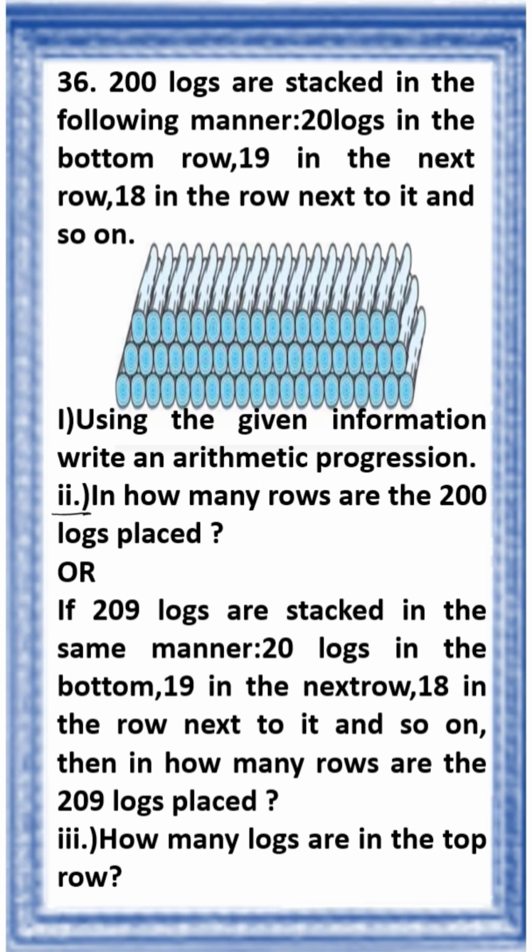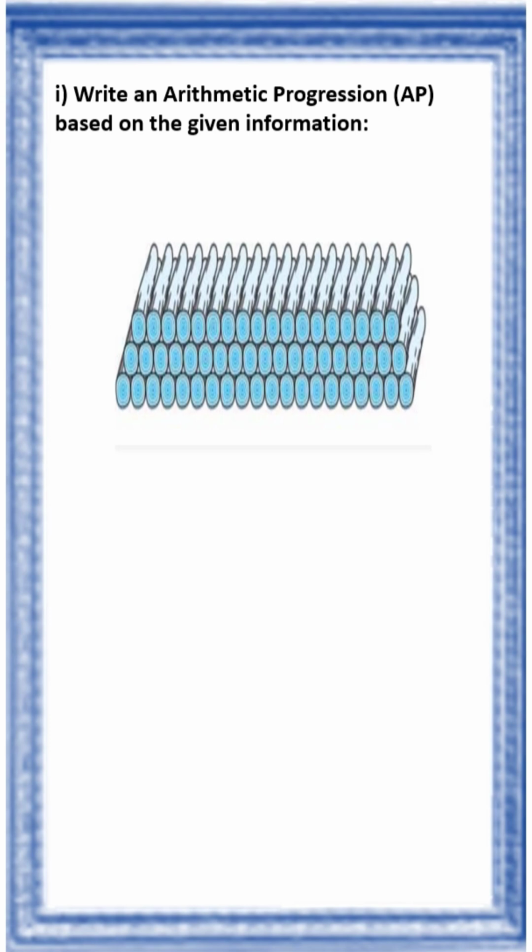Third question: how many logs are kept in the top row for 200 logs? Okay, now let us solve it. Write the arithmetic progression is the first question based on the given information. What has been given here?